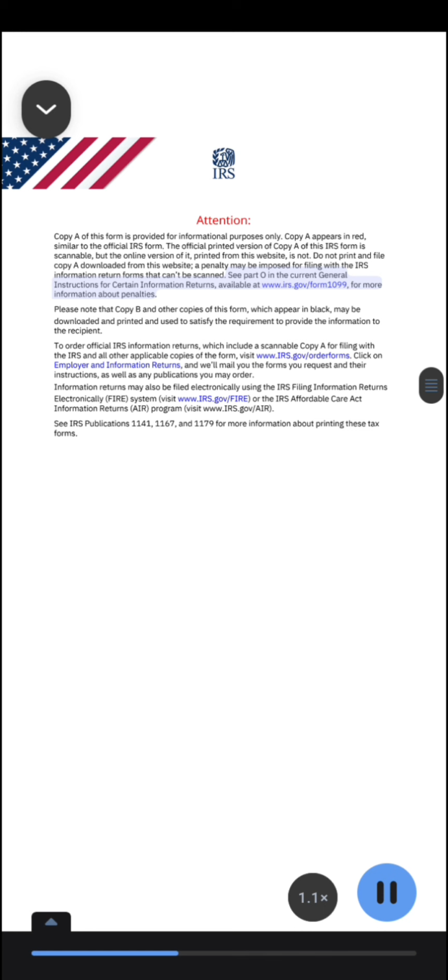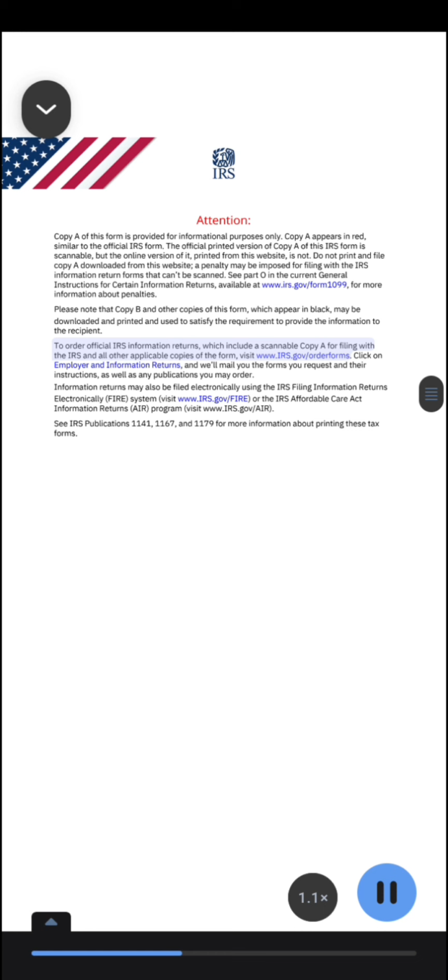See Part O in the current General Instructions for Certain Information Returns, available at www.irs.gov/form1099, for more information about penalties. Please note that Copy B and other copies of this form, which appear in black, may be downloaded and printed and used to satisfy the requirement to provide the information to the recipient.